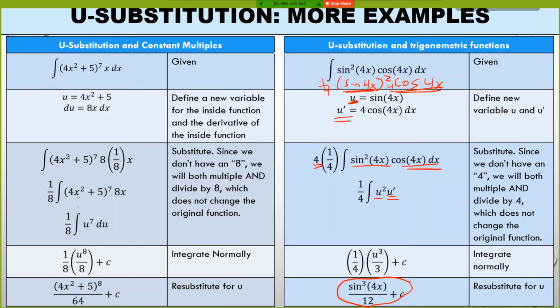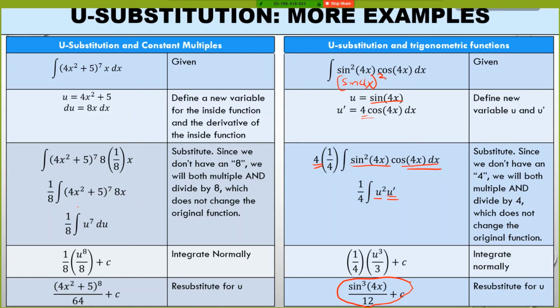Why did you get 4 in front of cosine when you started solving? So when I started solving, because this is the sine of 4x squared, my inside function is the sine of 4x, right? If I derive sine 4x, I'll get the cosine of 4x times 4, with the chain rule.